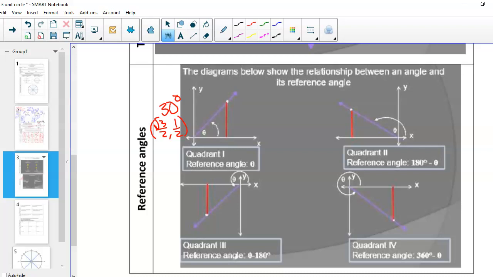So 3 pi over 4 is 135. 135 minus 30 is 105. Oh, I said the wrong thing. Sorry. 180 minus 135 is 45. So I probably shouldn't have started with that one. I probably should have just written all of them up here. Sorry, that was my mistake.